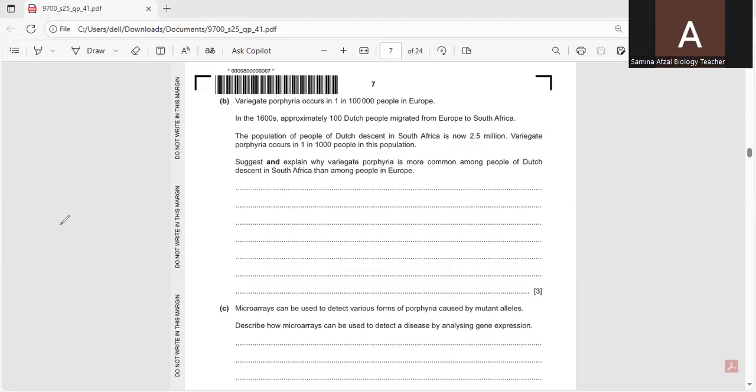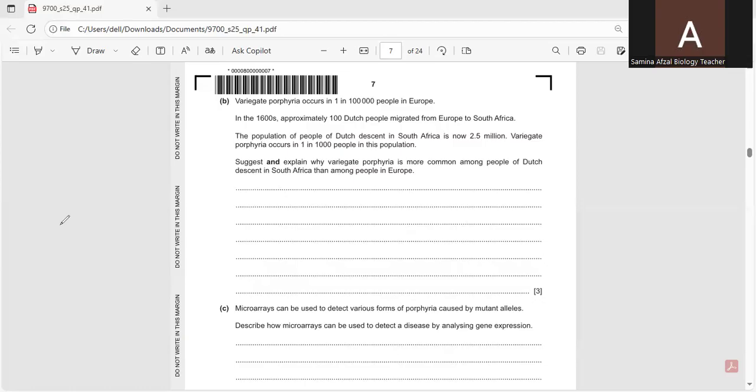Maybe they transferred alleles which are not good, so they can produce more people with the disease as their number has increased over there.